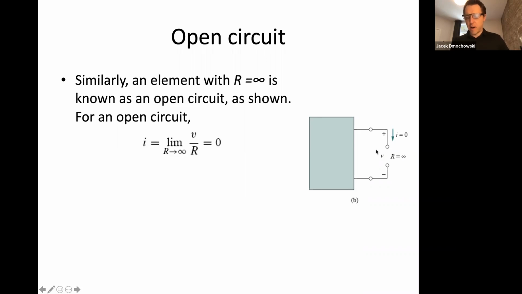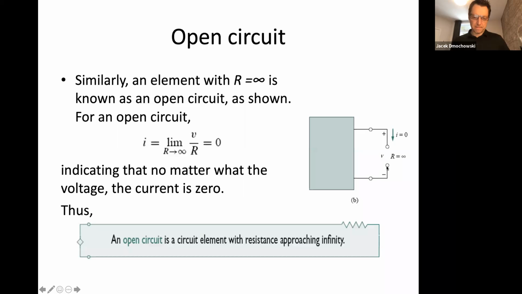No matter what the voltage here is, even if you make the voltage 1,000,000 volts, you still will not induce the electrons to jump from here to here. So by definition, an open circuit is a circuit element with resistance approaching infinity.